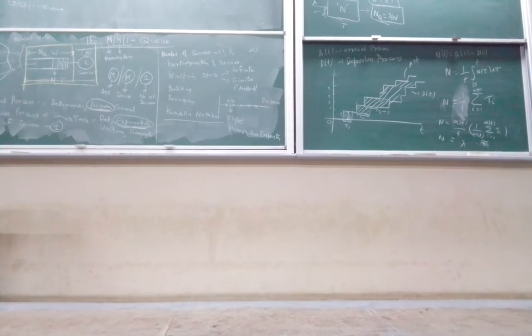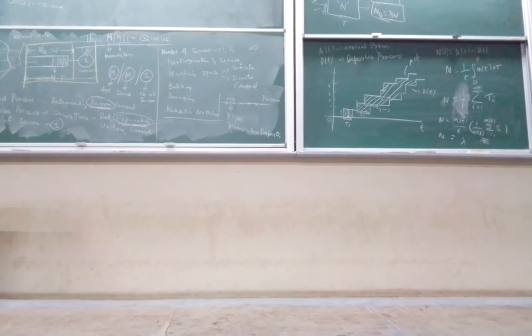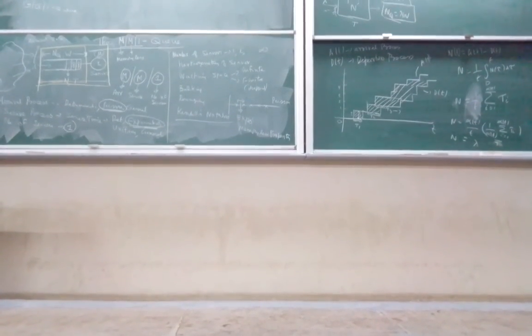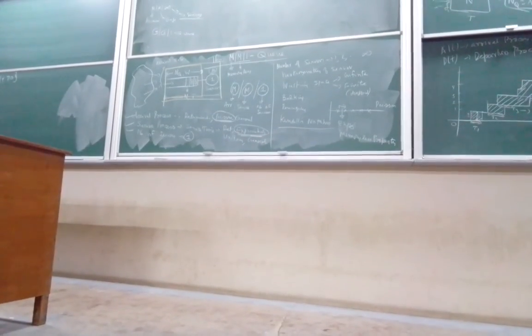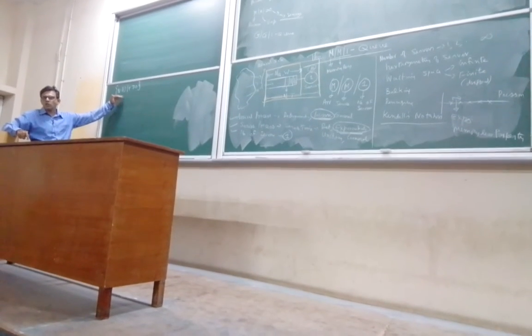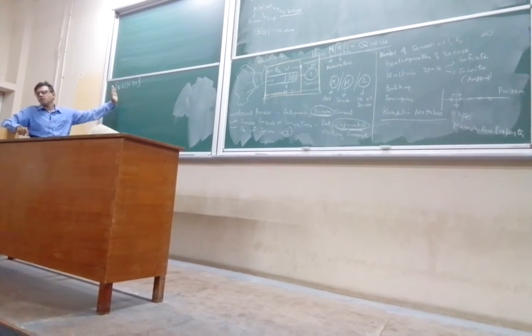Now, what we are interested in is this quantity. We are going to look into this stochastic process N of t, t greater than or equal to 0, the number of customers in the queuing system at time t, and we want to characterize it.